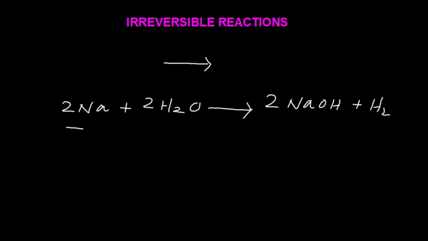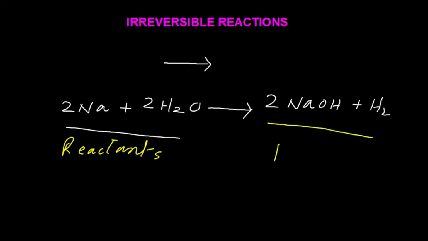Now the tendency of hydrogen to react with sodium hydroxide to form sodium and water is negligible at room temperature. Meaning at room temperature, sodium and water react with each other and form sodium hydroxide and hydrogen. Right students, in this reaction sodium and water are the reactants, while sodium hydroxide and hydrogen are the products of the reaction.